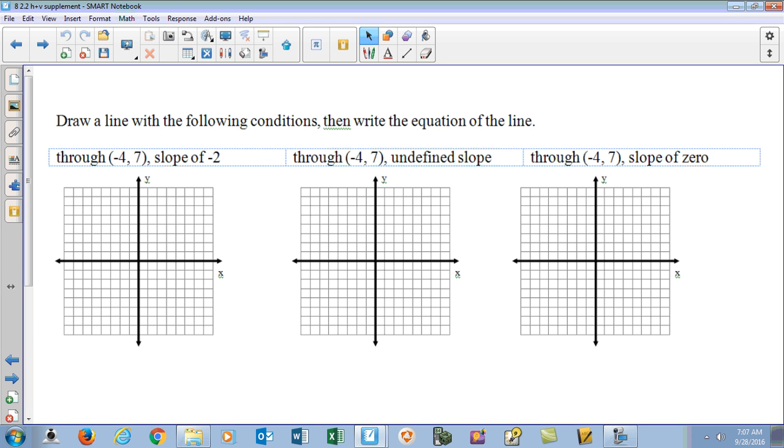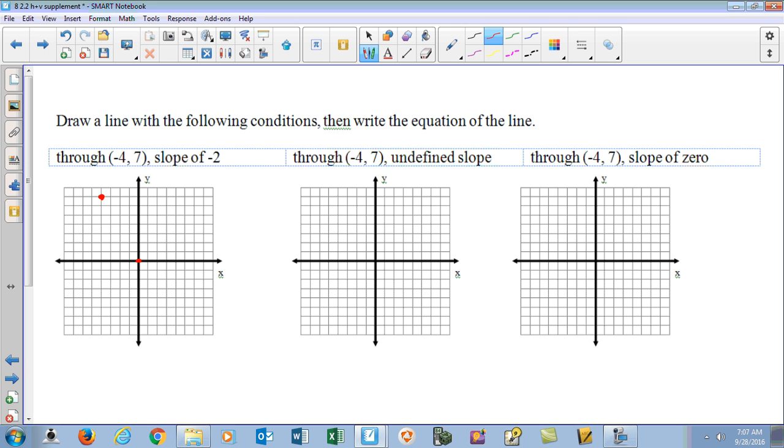It says draw a line with the following conditions, then write the equation of the line. Well, we're asking for a point, and it says through negative 4, 7. So again, we have to remember that we start at 0, 0, and I'm going negative 4, so that's 4 to the left, and then 7 up.